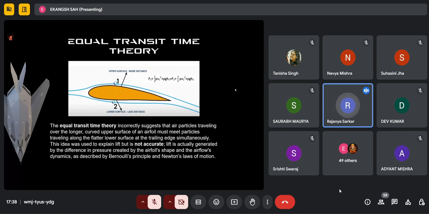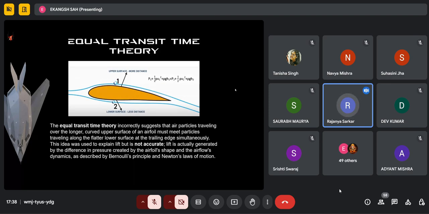As we can see, we have the Bernoulli equation here. Since the velocity head in the upper surface is higher, the pressure head in the upper surface must be lower as compared to the lower surface, because we know that the sum needs to be constant.